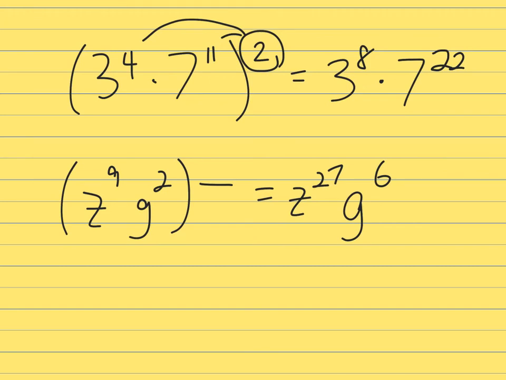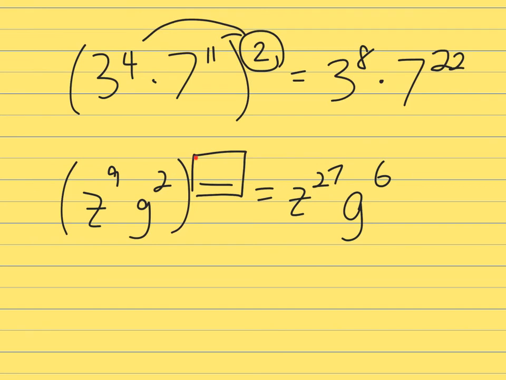And for the last one, I have a blank here I need you to fill in right there. I have z to the 9th g squared raised to something equals z to the 27th g to the 6th. There was something like this on your quick check a couple of days ago. So because it's a power raised to a power, you know that this number times this number has to equal the new answer, which is 27 in this case for the z's.